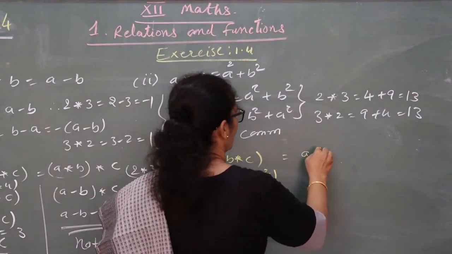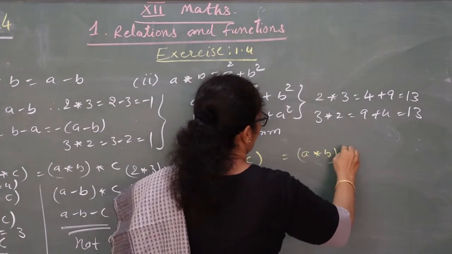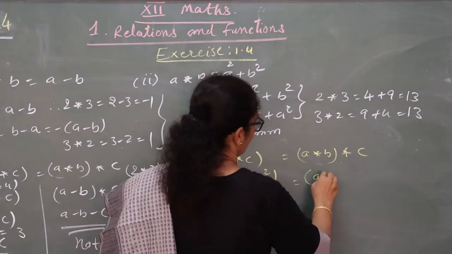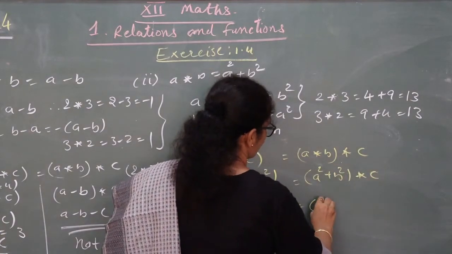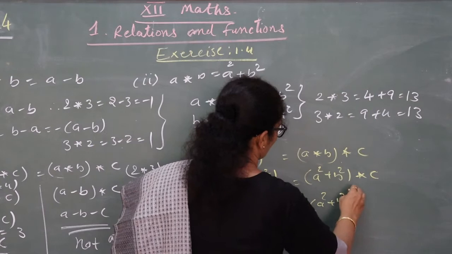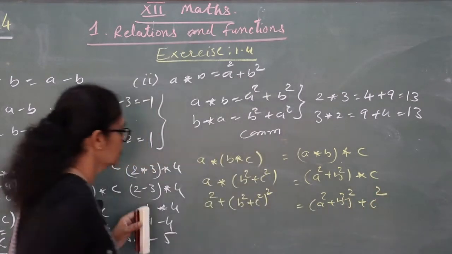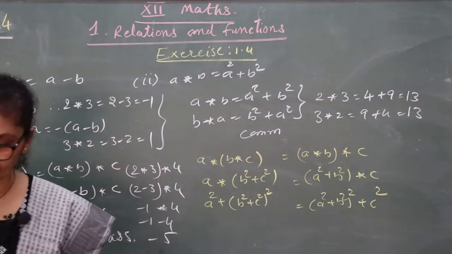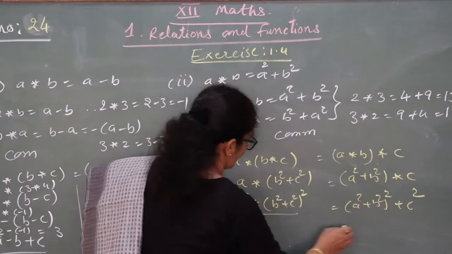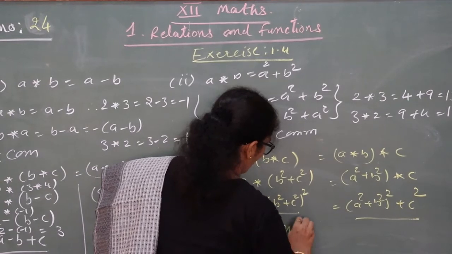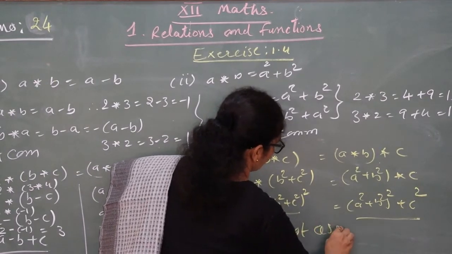Same way a and b and then with c. Apply it. A square plus b square asterisk c. What is it? A square plus b square whole square plus c square. So here you can say it is commutative but not associative. This and this are not the same, not associative.